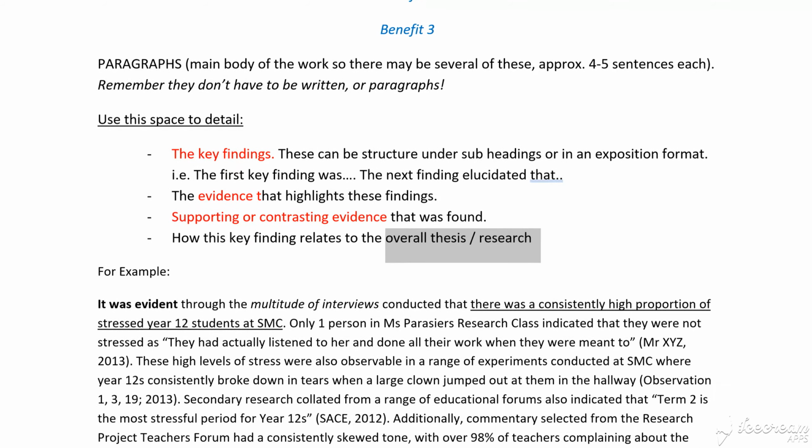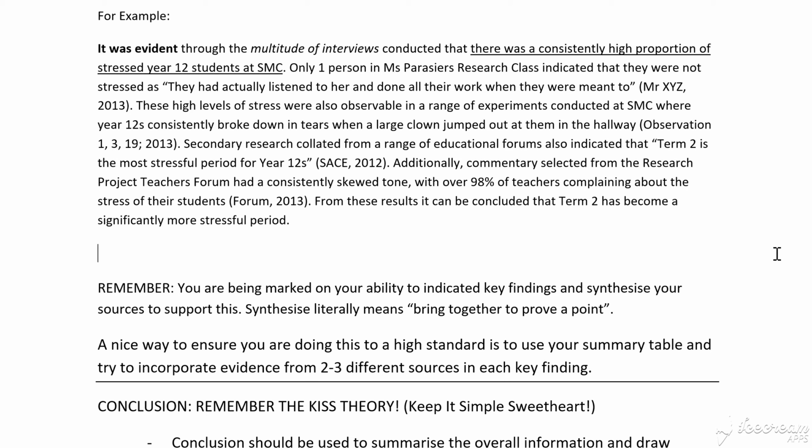So what does this look like? All right, in my example here, I have included some research in the topic sentence and the statement. So we have the statement here that a consistently high proportion of stress U12s were at SMC.